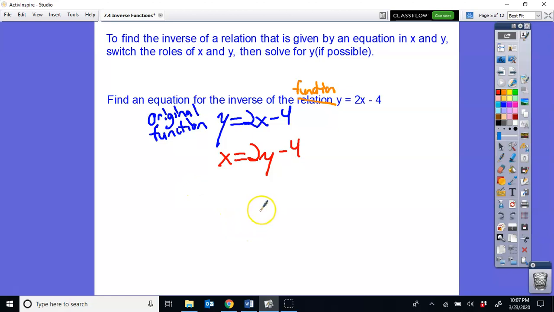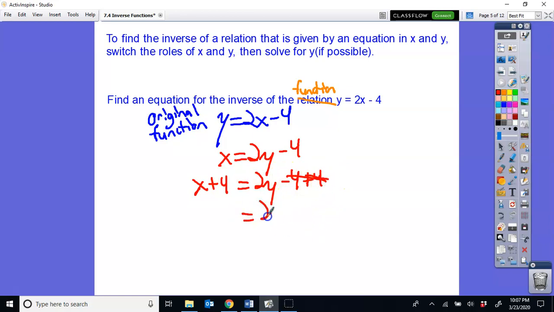So now I want you to pause the video real quick and solve this for y. Yes, that's an old technique. Hopefully you tried. Now we take this and we add 4 to get rid of this.